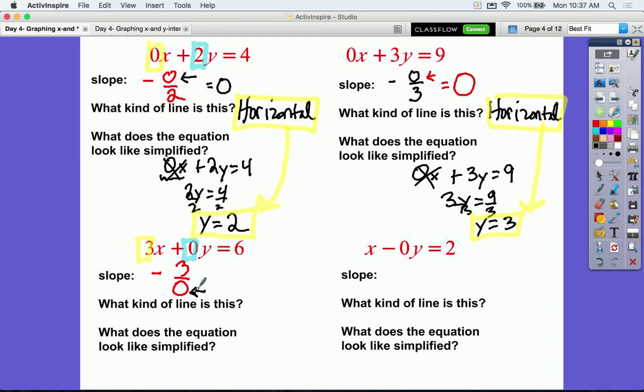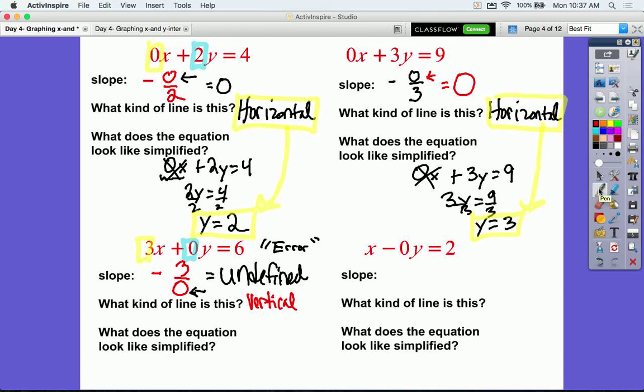Remember when we divided negative 3 by 0? On your calculator, this is going to say error. And we know what this means. We know this means, and here's that word that I said we need to commit to memory, this is undefined. What kind of a line has a slope that is undefined? You know this. It is a vertical line. Vertical lines have a slope that is undefined.